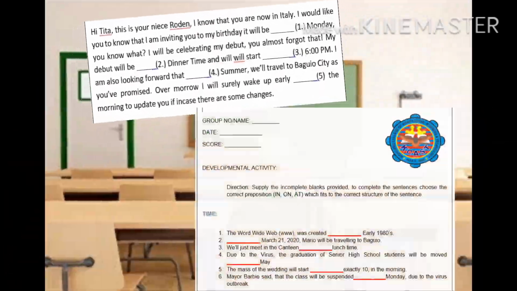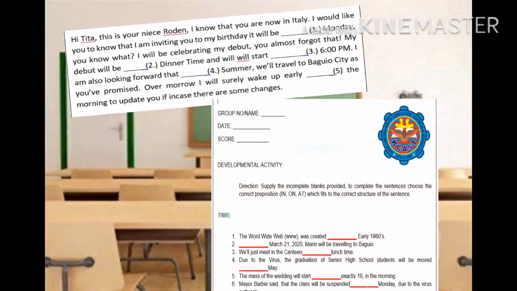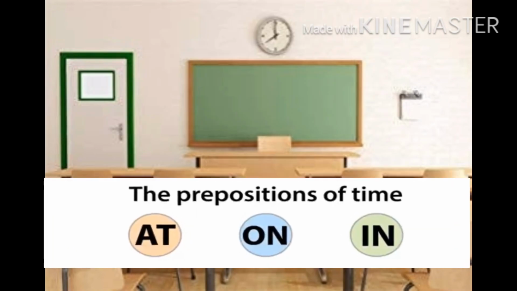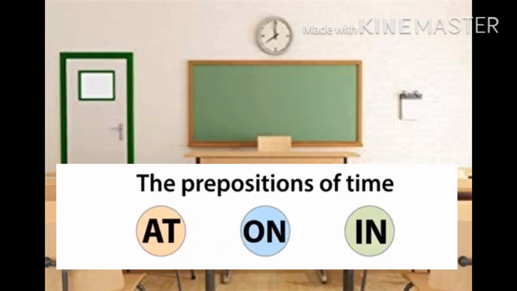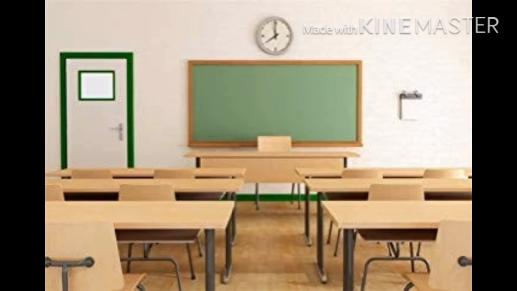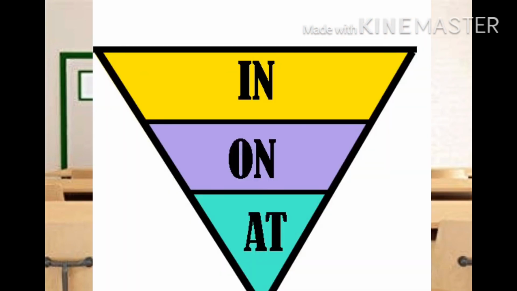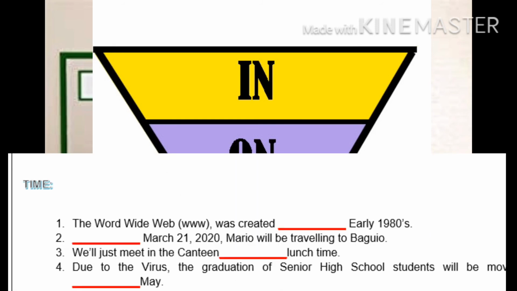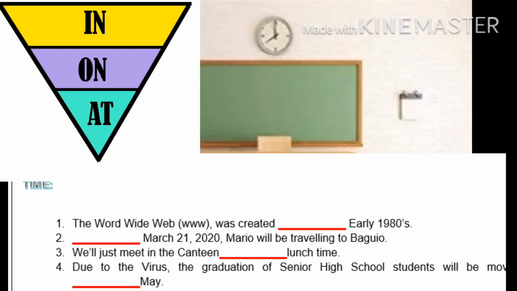In each sentence, they will choose the correct preposition, in, on, or at, to fill in the blanks. Next, they will locate the word that indicates the time, or the object of the preposition of time, and then match it to the prepositional inverted pyramid to where they think the object belongs. Example, for question number 3.